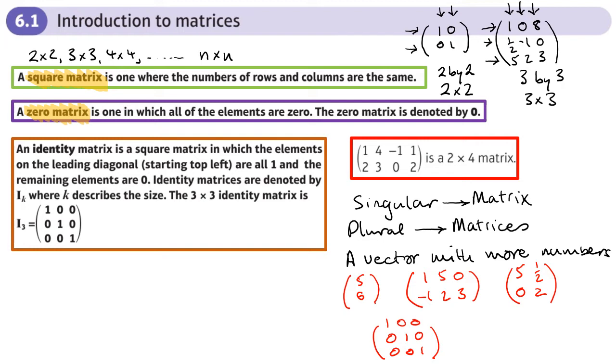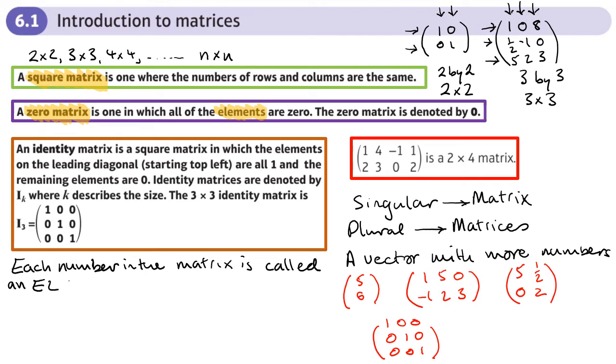Now it talks about elements. Each number in the matrix is called an element.